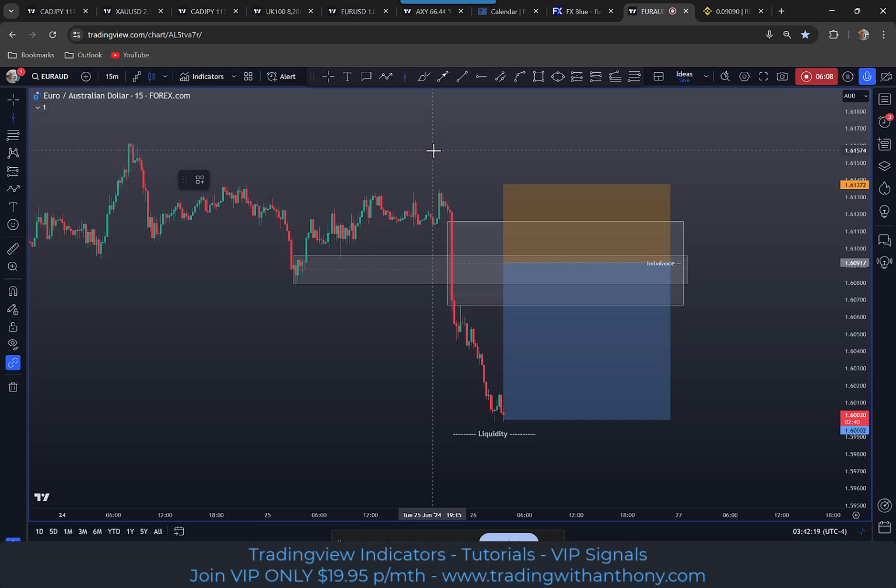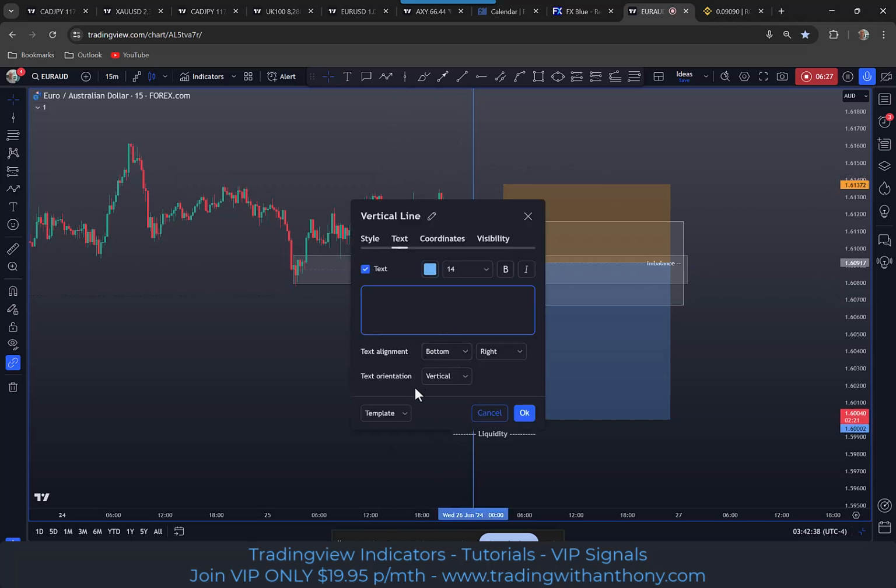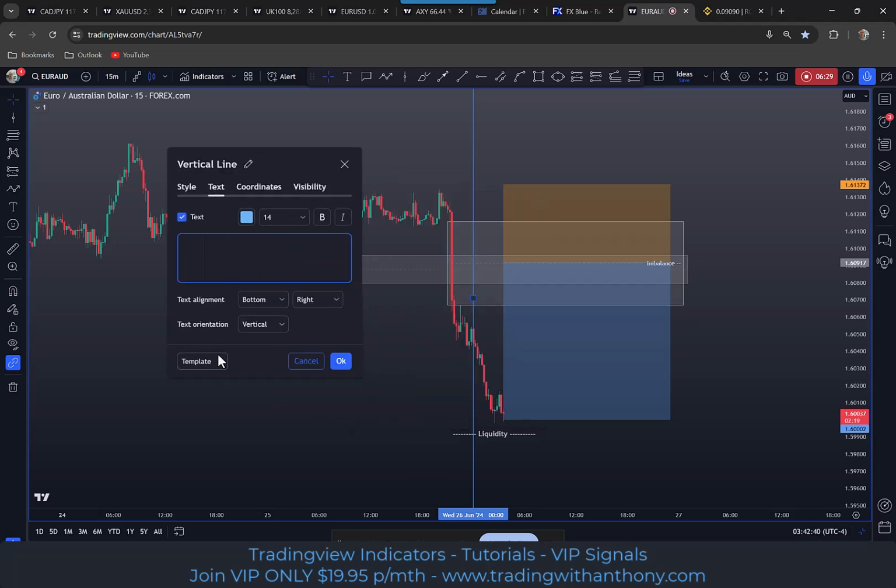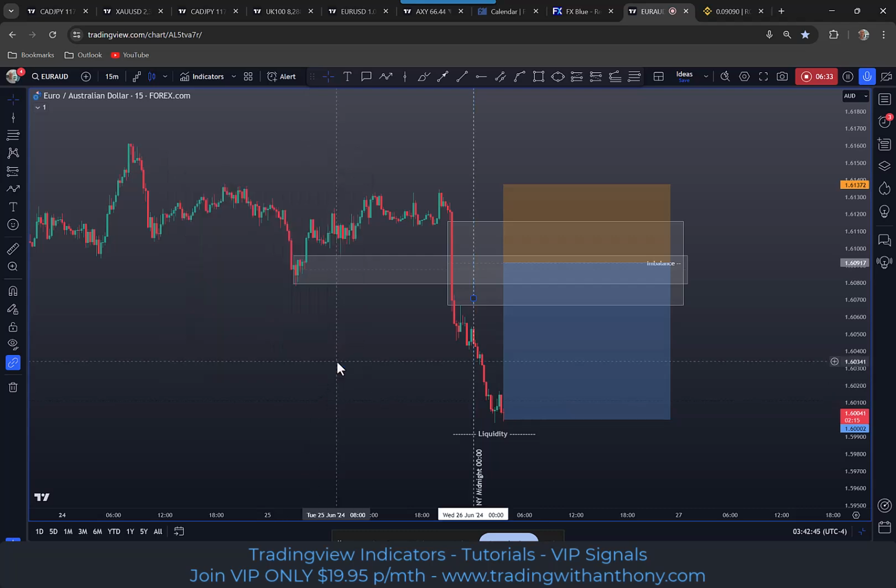Let's have a look at midnight New York. So we're just going to look at the trading, the open of today, the trading day. So today is Wednesday. Tuesday, we're looking for midnight. I would class this as the start of the trading day, midnight New York, so that's 00.